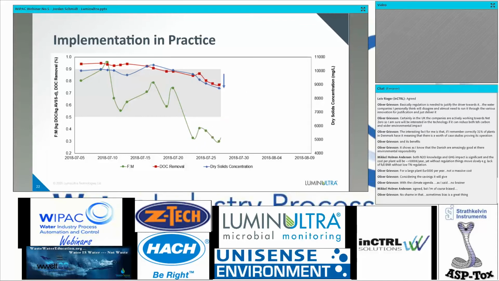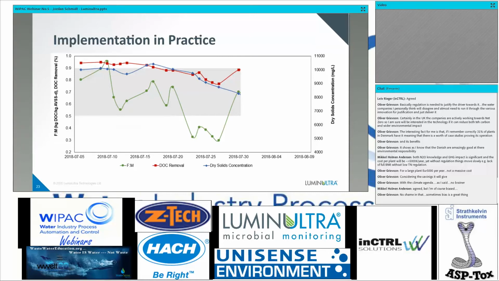You can see in the blue line the MLSS starting to decrease over time. We were pushing that down. That eventually resulted in the F2M rebalancing, the ABSS rebalancing with the amount of food coming into the system, and the treatment performance recovered.